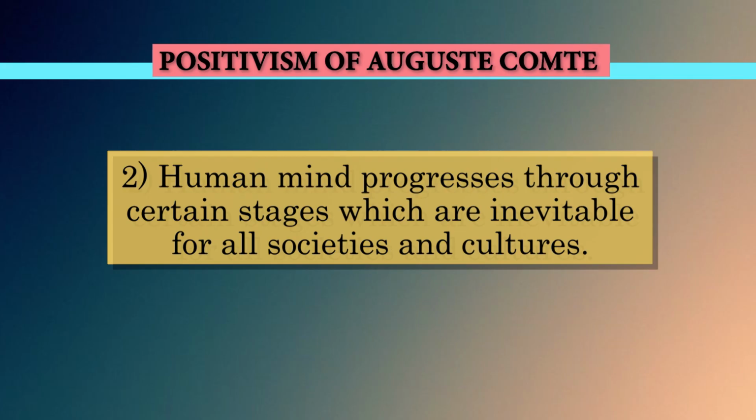So when we talk about the application of positivism in history, the first point which Auguste Comte comes up with is that history, like natural sciences, is subject to certain general laws, and these laws could explain the process of human development. Number two, human mind progresses through certain stages which are inevitable for all societies and all cultures.